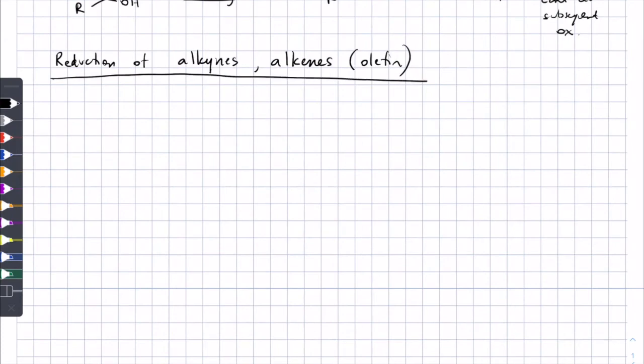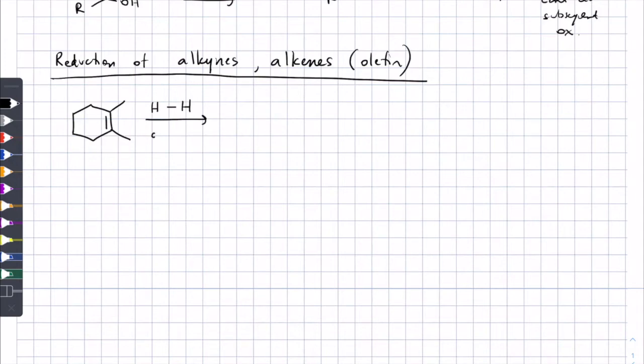All right, so let's start with an olefin. I'm choosing this dimethyl cyclohexene molecule. And recall that we've said that in many cases, reduction in organic chemistry means an increase in the number of carbon-hydrogen bonds. So what if you could add hydrogen across a double bond to get the fully saturated molecule.